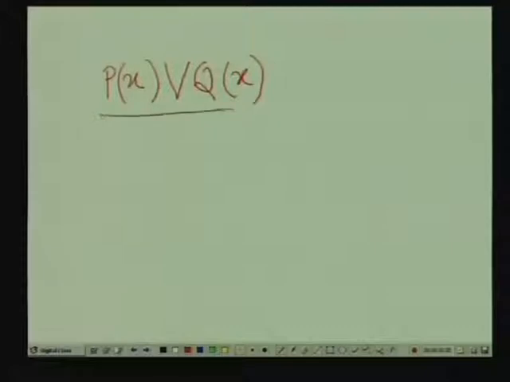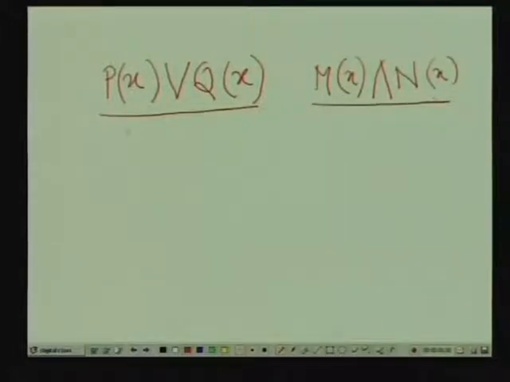This is a disjunction, and say M x and N x, this is a conjunct. This is a disjunct and this is a conjunct. Now, a canonical form is a conjunction of disjuncts, all right.